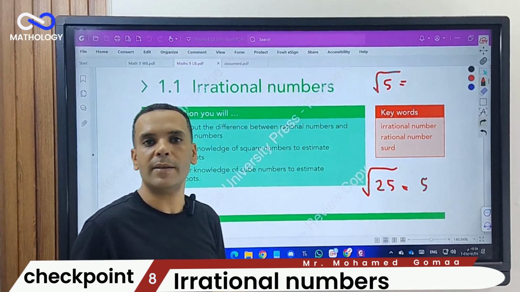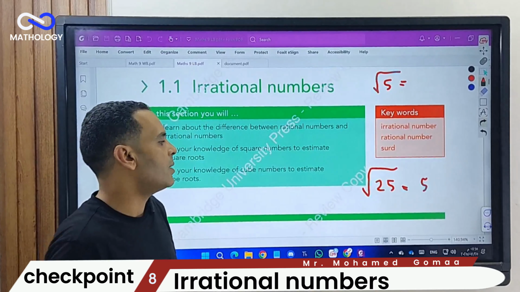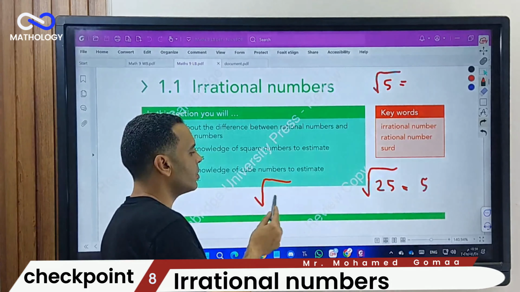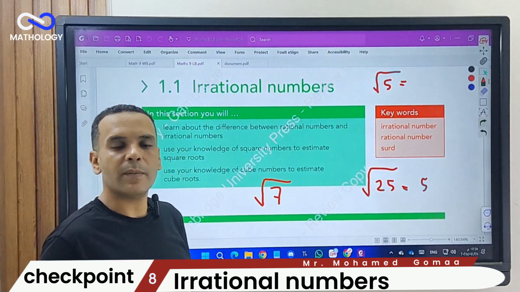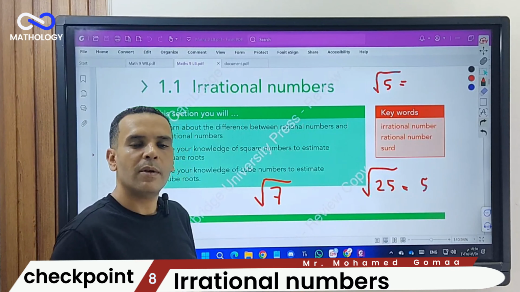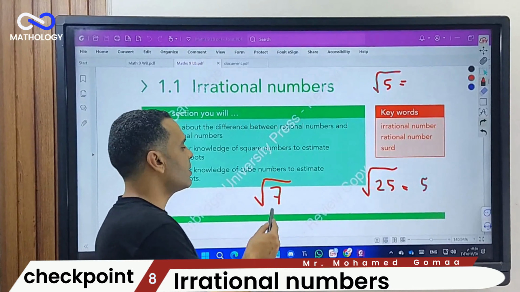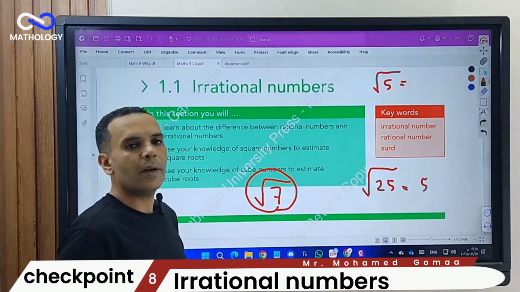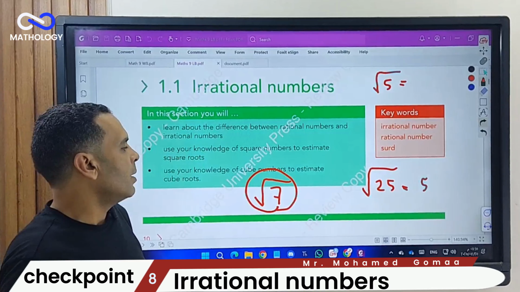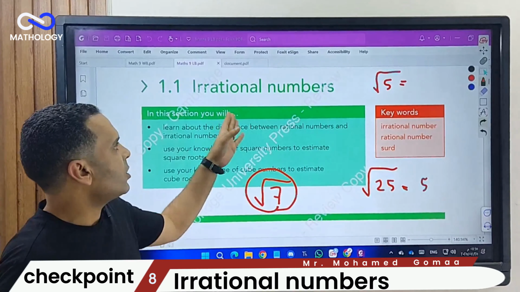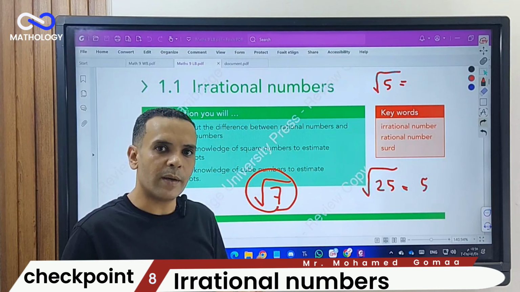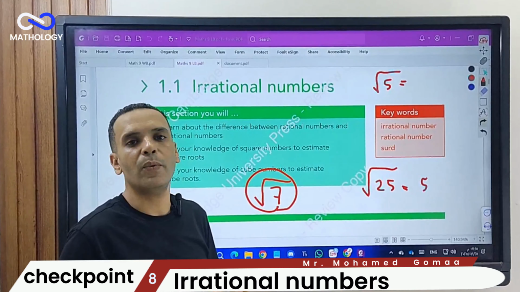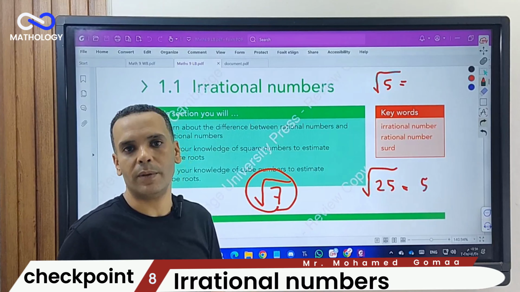But if I ask you about the square root of 7, is there a number multiplied by itself equals 7? Of course, no. So this number is called an irrational number. So irrational numbers are the square roots of non-square numbers and the cube roots of non-cube numbers.